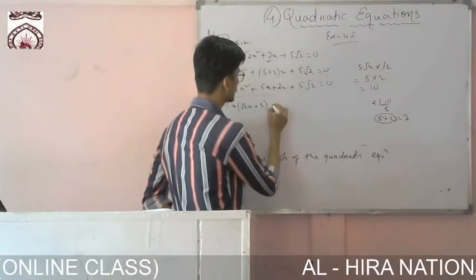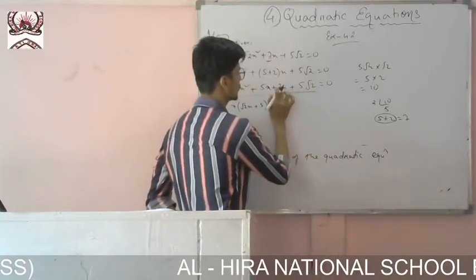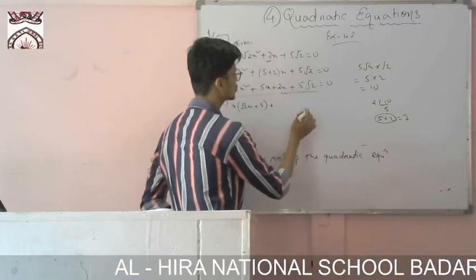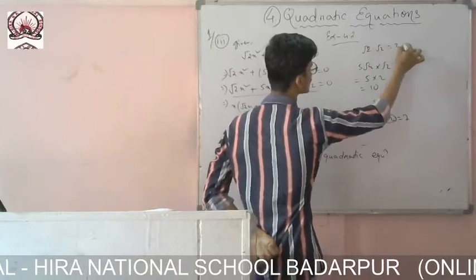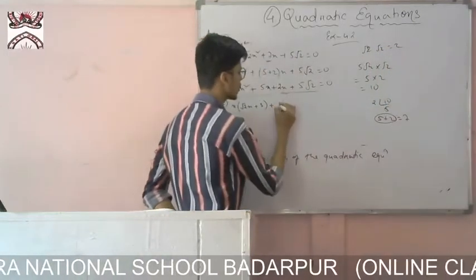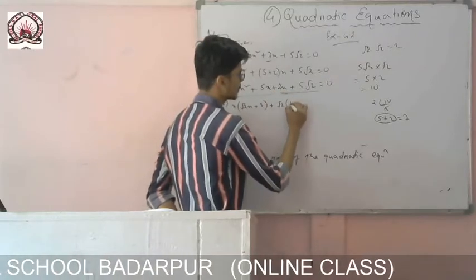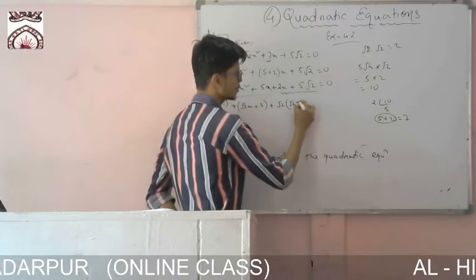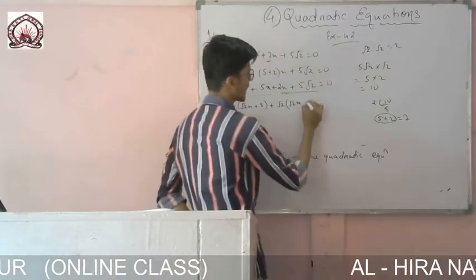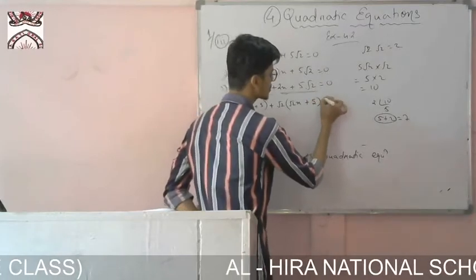The next one will be plus; out of these two, I can take √2 common, because √2 into √2 is 2. If I take √2 common, only x is left, because √2 into x is 2x, and only 5 is left, equals 0.